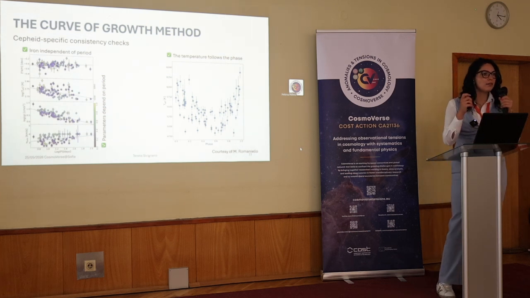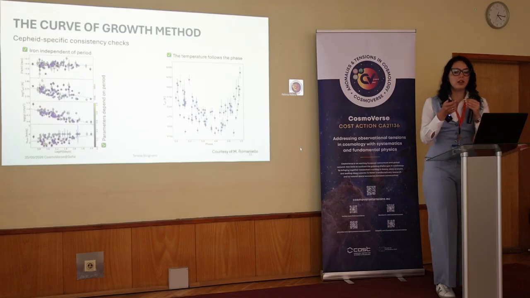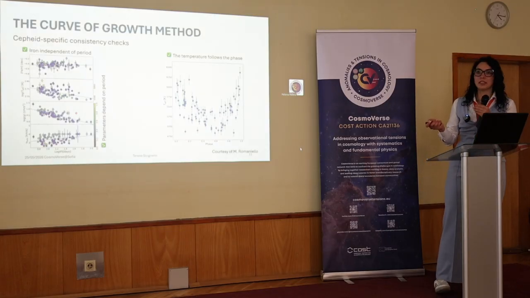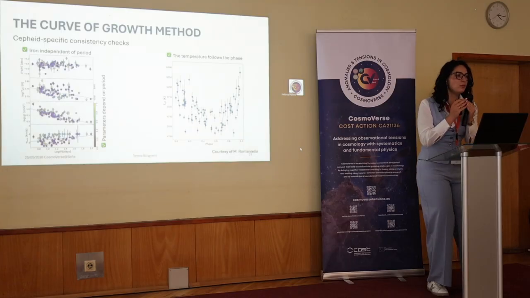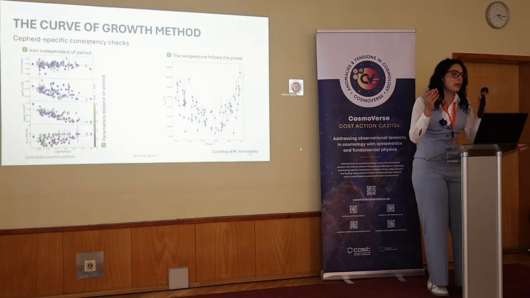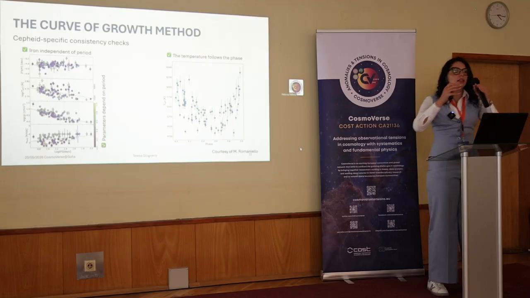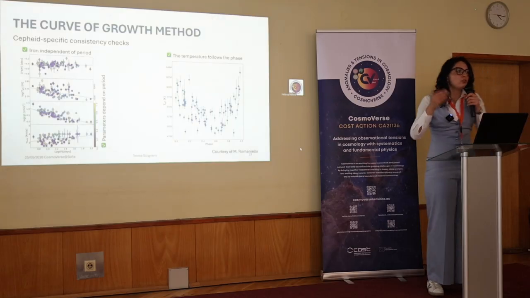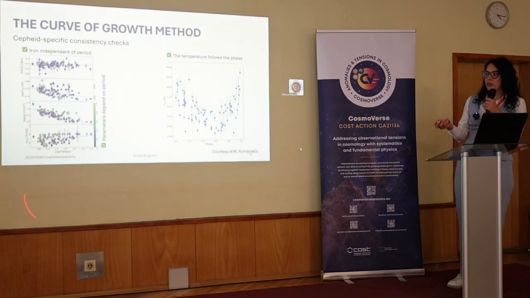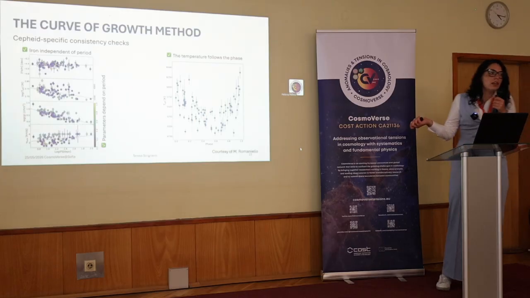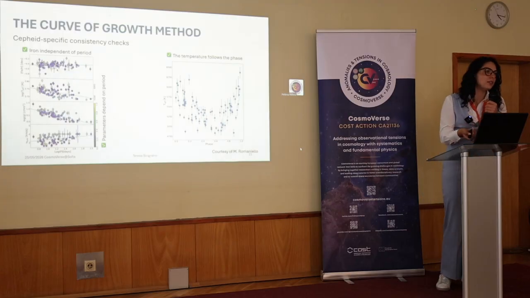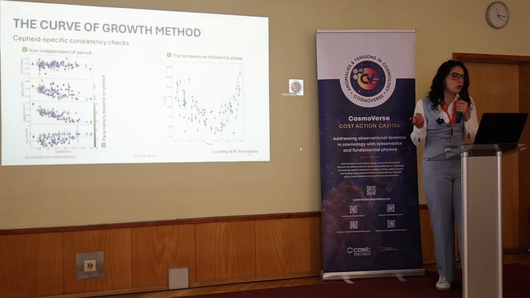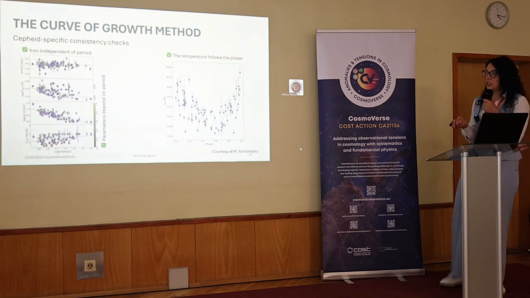So every time the atmosphere is moving, all these other stellar parameters have to change. If the star is at its minimum radius, the temperature is at its maximum, and if the star is at its maximum radius, the temperature is at its minimum. You have to see this in your data. Otherwise, your sensitivity is not good enough to work with Cepheids if you are not able to see this difference.